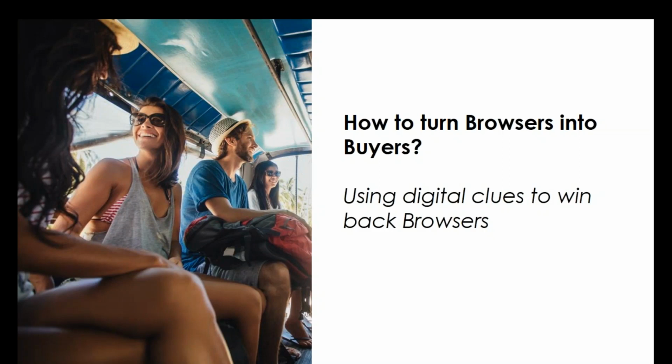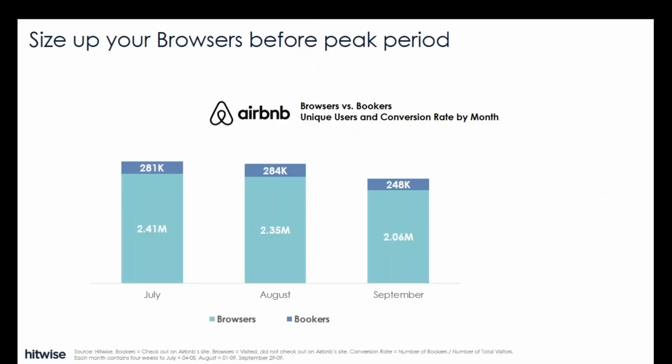In our third example, I also want to show how these digital behaviours can be utilised to turn browsers, i.e. those people who consider but don't purchase, into those buyers. So let's switch gear again and look at this for the travel industry, specifically for Airbnb. So, of course, summer has just passed. The travel industry is also gearing up, like retail, for their peak period over winter.